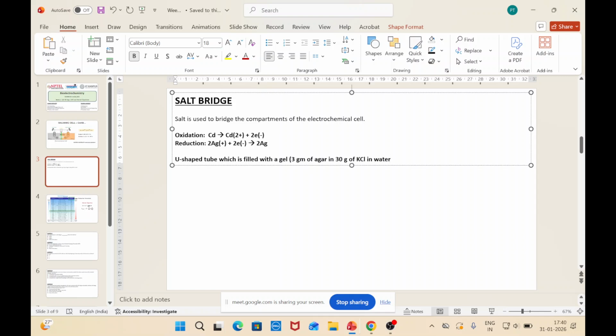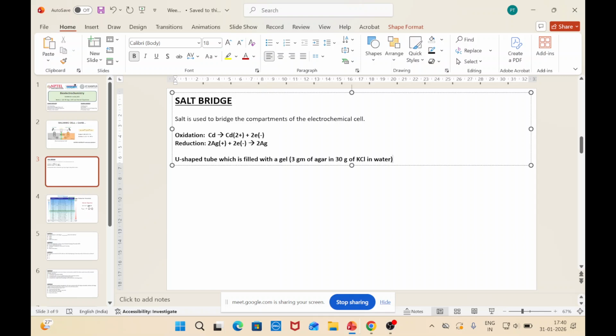This KCl can also be replaced with potassium nitrate. So in case of the cadmium silver electrode that we are discussing here, we use KNO3 for our salt bridge. So this gel will be filled inside a U-shaped tube, and this U-shaped tube is the one that is going to connect both the anodic and the cathodic compartment.